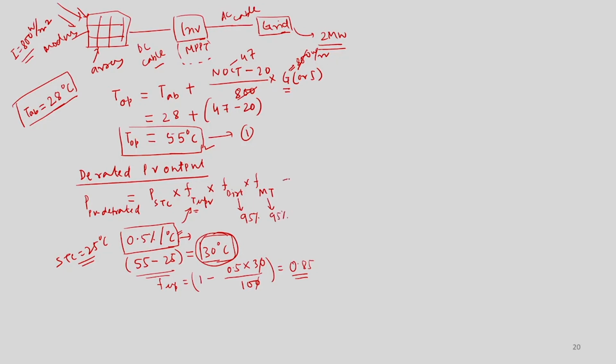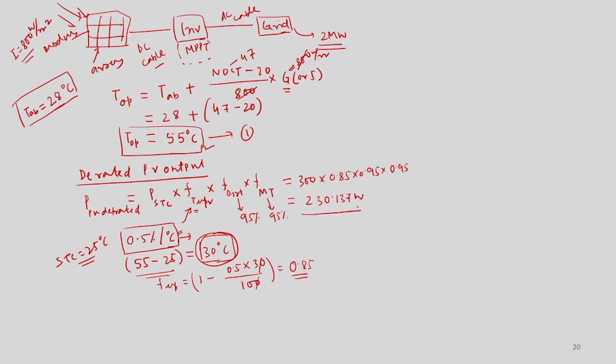If we substitute here, P STC is 300 watt peak, already discussed, and this is 0.85, then 0.95, and then 0.95. Then what we get is PV derated, calculated to be 230.137 watt.